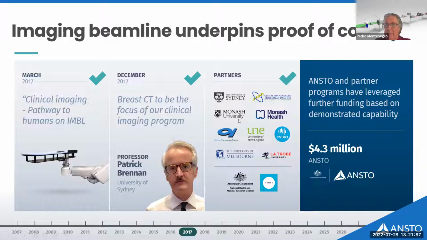Monash has supplied a lot of know-how, especially in phase contrast. Our colleagues at Elettra Sincrotrone in Trieste have been critical in laying the foundation stone for breast imaging when they started to do the first tissue images. And of course, the NHMRC and ANSTO through the Australian government.